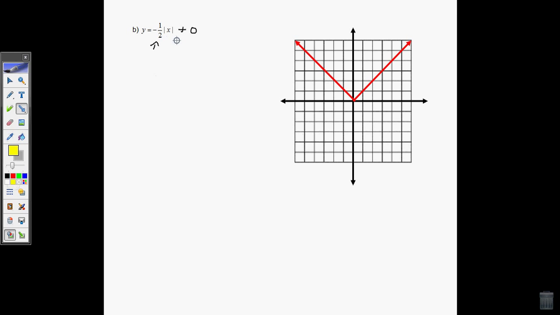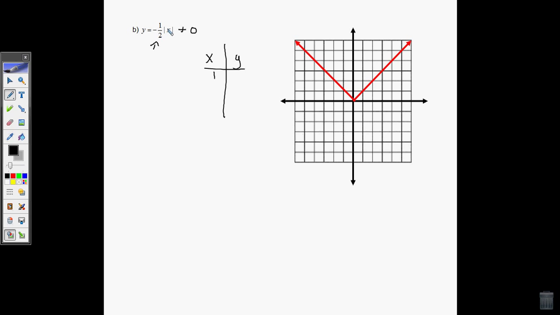It is. The negative 1/2 that's multiplying the absolute value of x just tells me what the slope should be, right? And it actually turns the entire absolute value function negative. Even though the absolute value can never be a negative number, I have a negative on the outside of the absolute value itself. So let's say I try a number or two. X, y, let's say I put in a 1 into this equation.